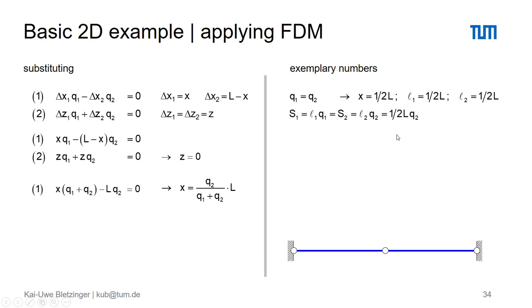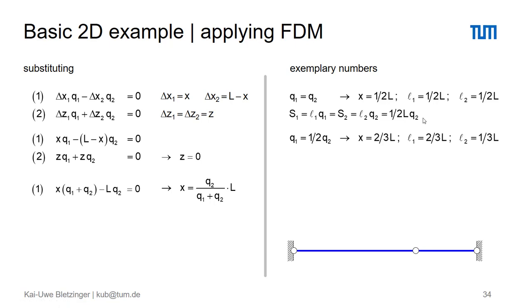From that we can receive the member forces, multiplying the lengths in equilibrium by the force densities. And from symmetry, of course, the two forces are the same, 1/2 times L times Q2.